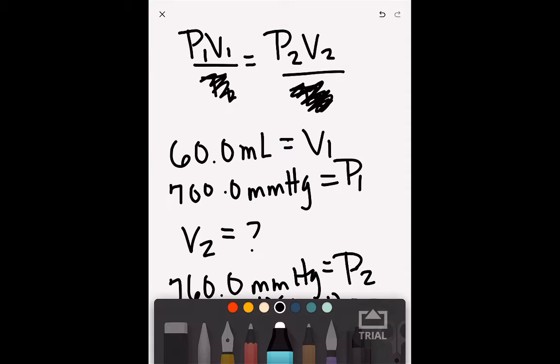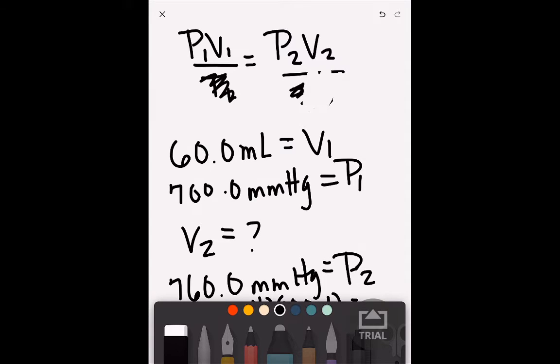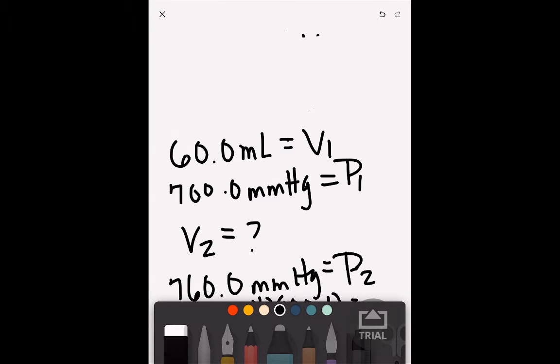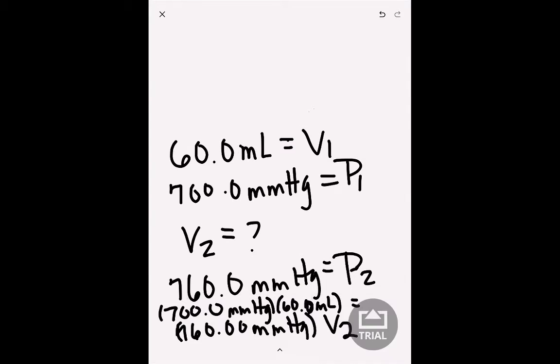All right? So now we're going to erase some of this up here so that we can solve. I'm sorry, this is going to take me a while. So obviously, I hope you can see here, we're going to have to divide both sides by 760.